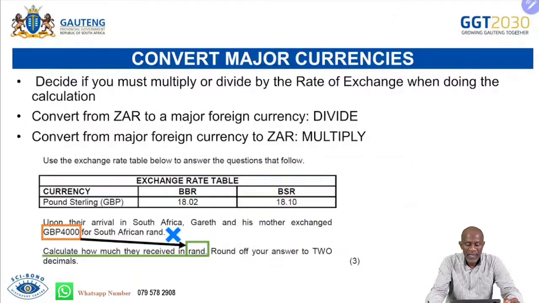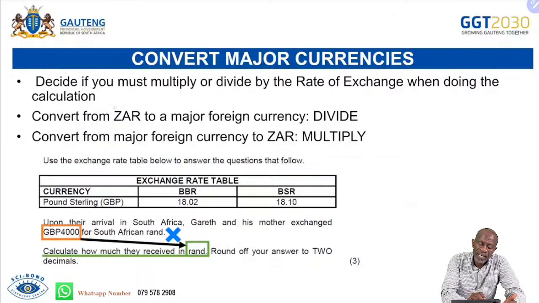So let's go through the steps. The first one: you must decide if you must multiply or divide by the rate of exchange when doing the calculation. Whenever you convert from the South African rand to major currencies of the world, you always divide.